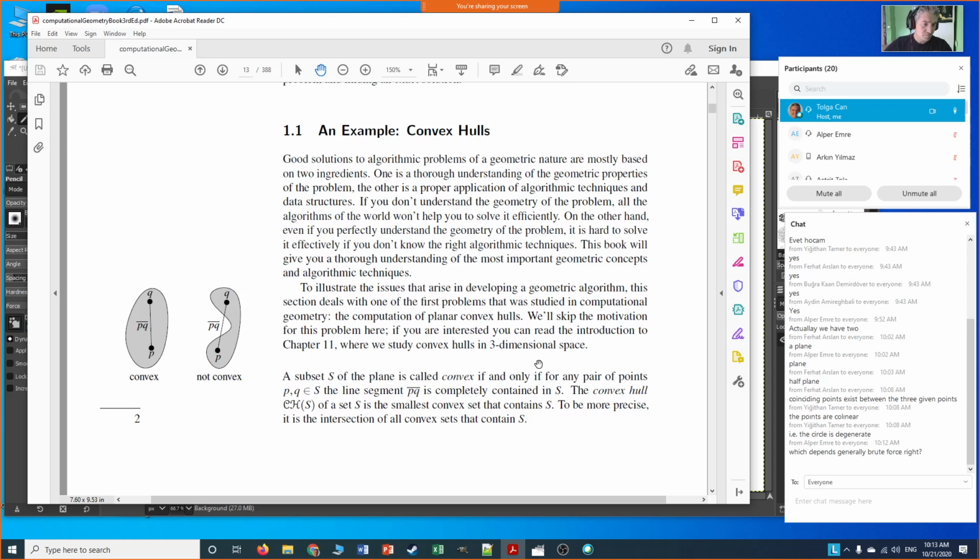Sometimes, when you say generally brute force, you're referring to the incremental algorithm, right? Sometimes it may be brute force. In incremental algorithms, we may be updating the solution in a brute force manner, but it may also be possible to update the solution in an intelligent manner by using some interesting data structures.